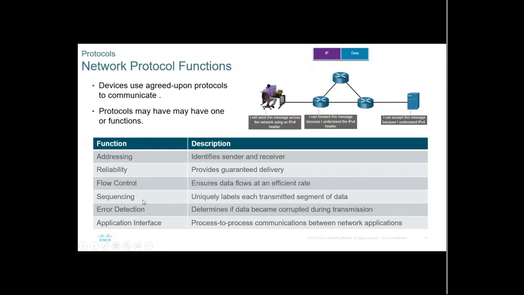Okay? There's flow control, like I said, the speed. We control the flow to suit both of us. There's no point in me talking really fast and you not understanding. Error detection: what if I send you something, but when you got it, it's all scrambled up? It's corrupted. How do you know it's corrupted? It's all ones and zeros at the end of the day, isn't it?